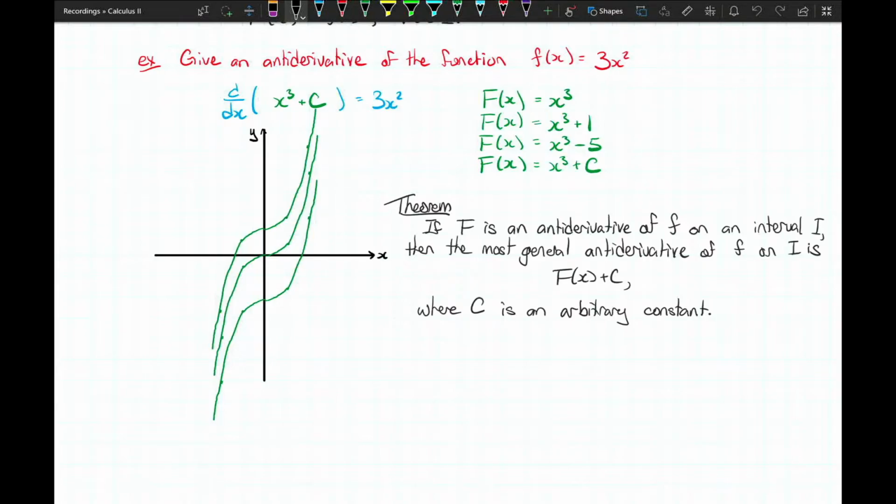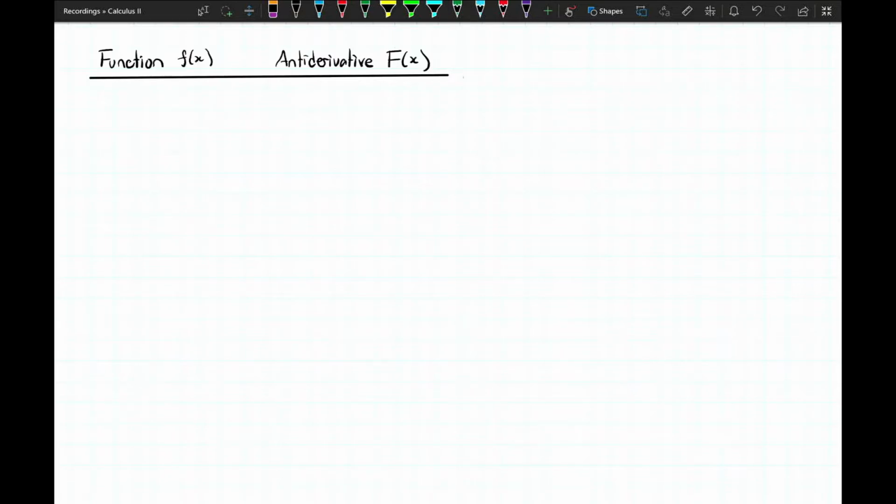At this point in time, we can take pretty much our table of common derivatives and reverse them all, like the power rule, but going in the reverse direction. Now, the first couple of rules we learned for derivatives are pretty easy to reverse, and that might be something where we just use the constant multiple rule or the sum and difference rules.